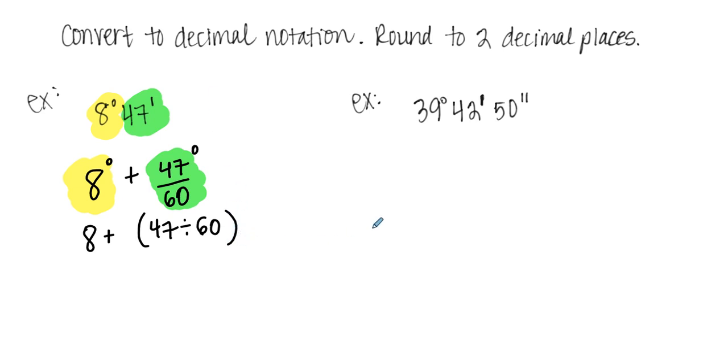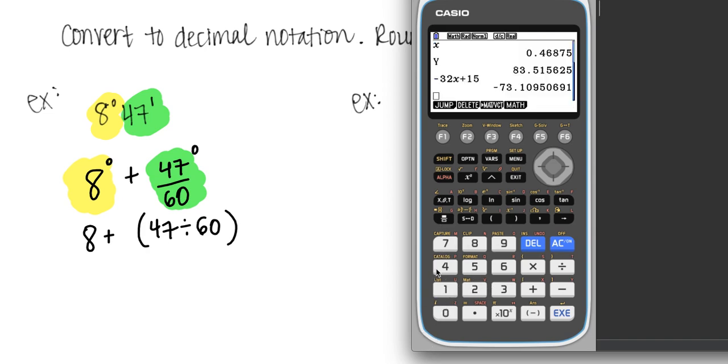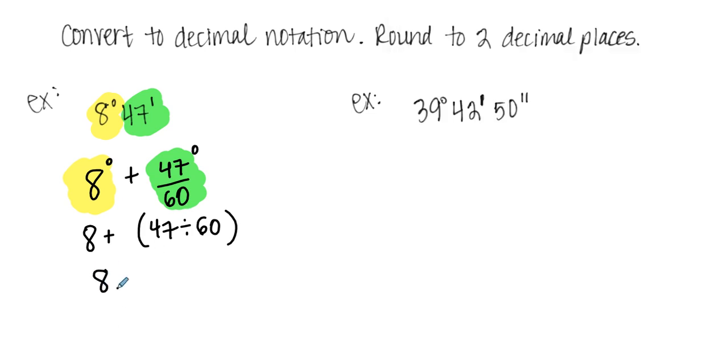So I'm going to go over to my calculator and I'm going to enter in 47 divided by 60. And then I'm going to add 8 to it. And when I add 8 to it, I get 8.78 degrees.